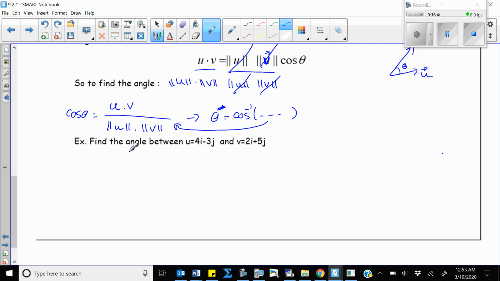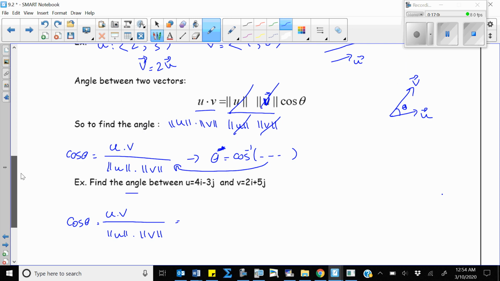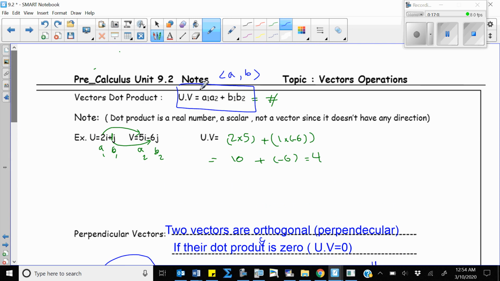We are interested to find the angle between these two vectors. So we're going to use this formula: uv over magnitude of u times magnitude of v. uv is the dot product between these two vectors, and we can find it using this given formula over here.